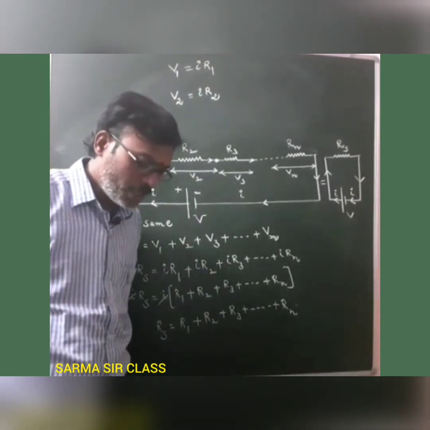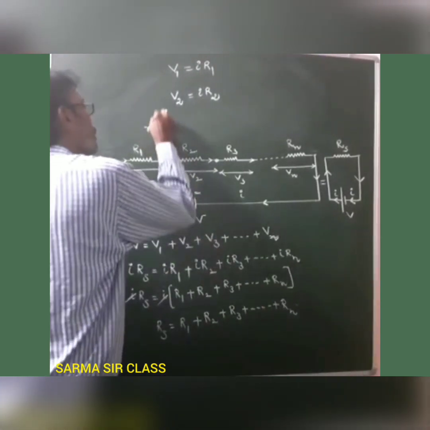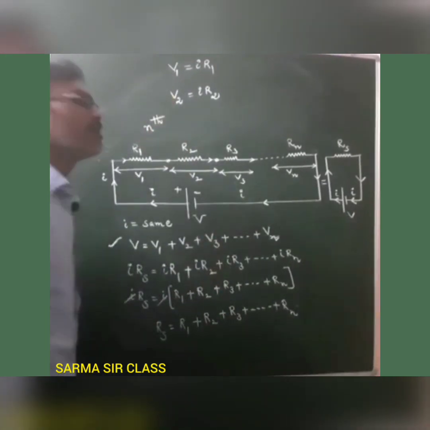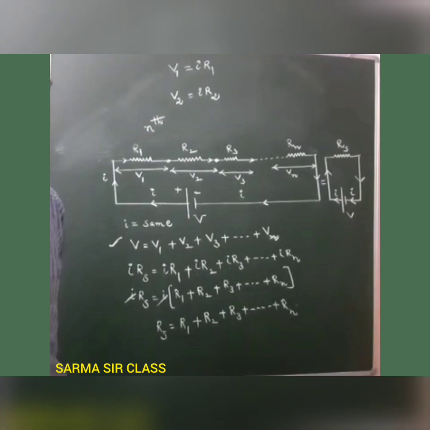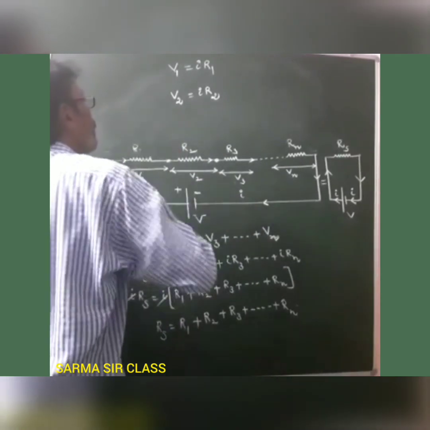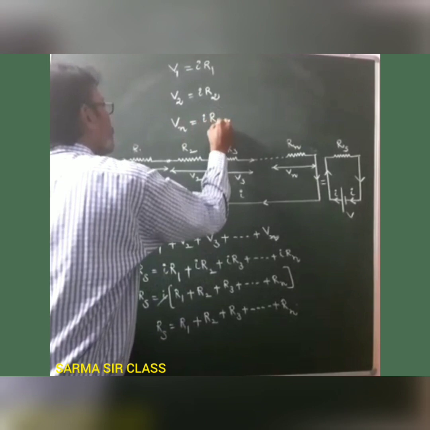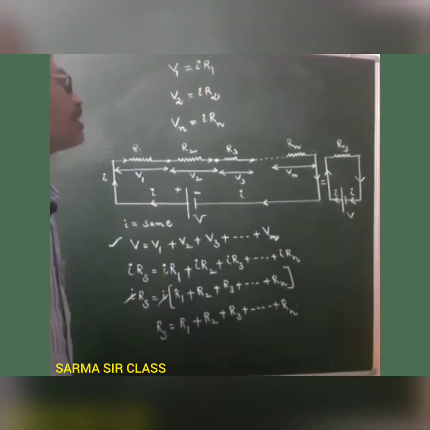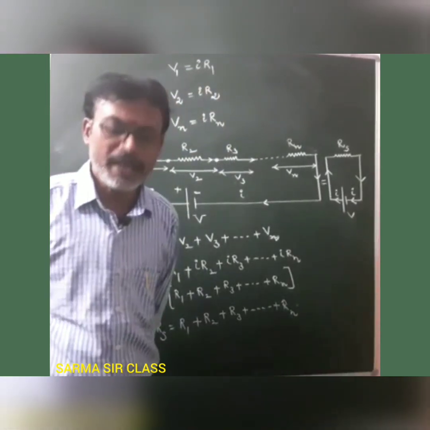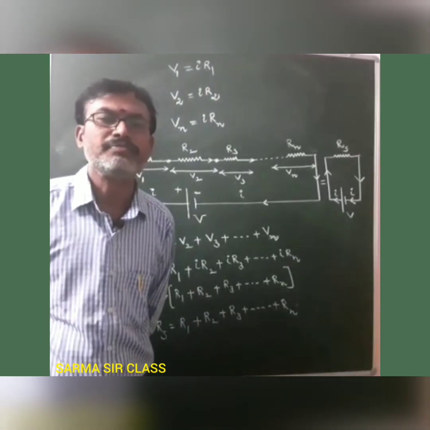The potential difference across the nth resistor is Vn is equal to IRn.